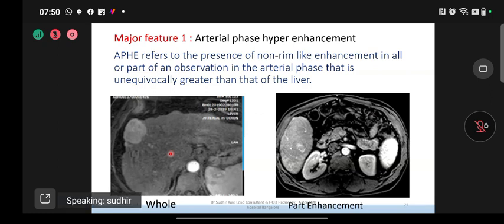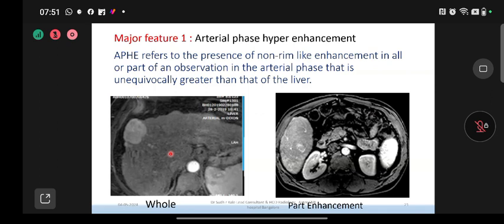Then there will be enhancement of the portal veins. You can see the portal radicals, portal veins nicely opacified. When you scroll the images up and down, there is still no opacification of the hepatic veins. That is when you say it is a portal phase of the liver.